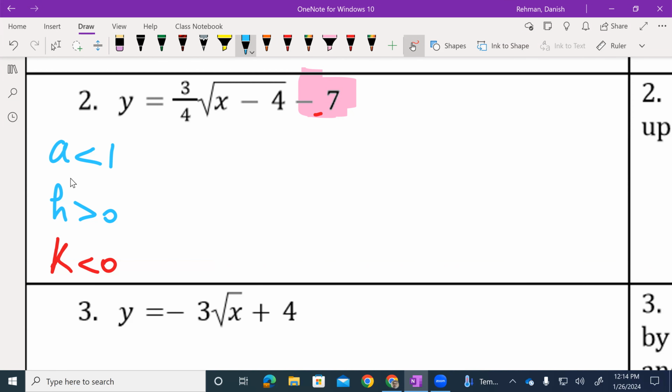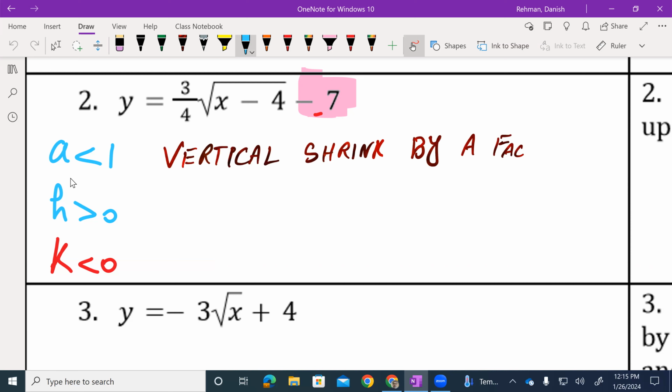A here will be explained by vertical shrink, right? And you will add these words by a factor, what? Just write down the number there.